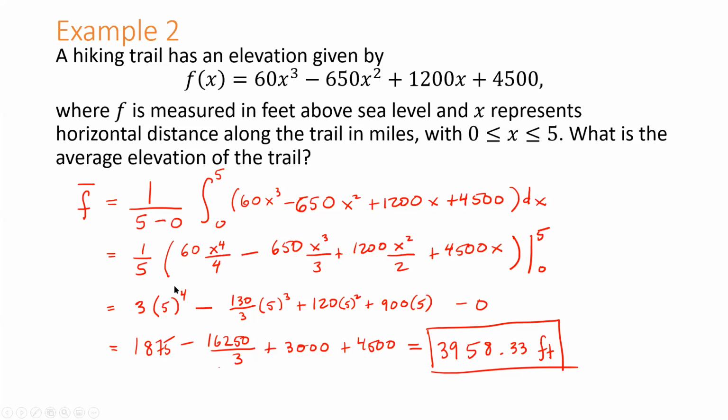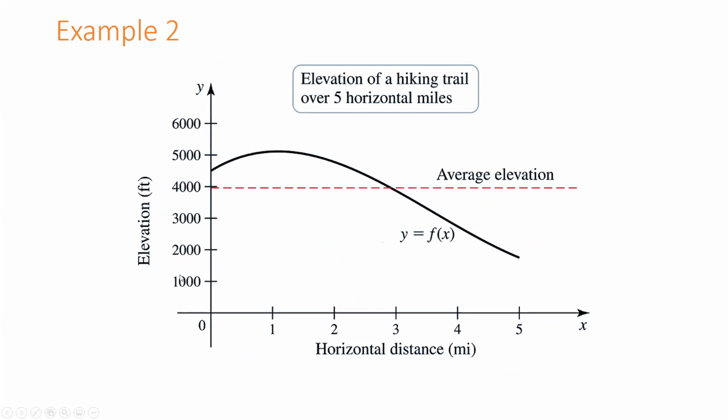Alrighty, so that's the average value, and we have a version of the mean value theorem. If you remember what the mean value theorem said before, our function will have a point where f prime is equal to the slope of a tangent.